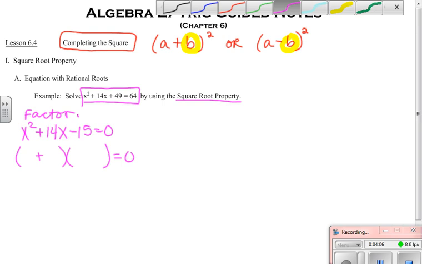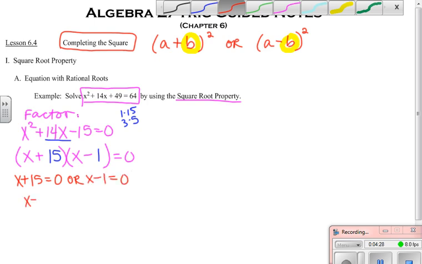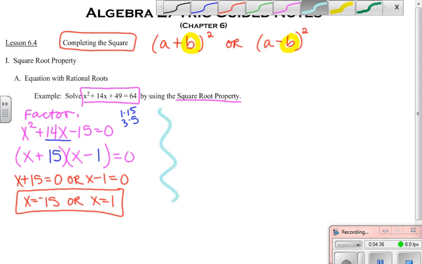Plus minus means I have one of each. What are the factors of 15 that when I subtract I get positive 14? That's obviously 15 and 1. Zero product property says that x plus 15 equals 0 or x minus 1 equals 0. So x equals negative 15 or x equals 1.